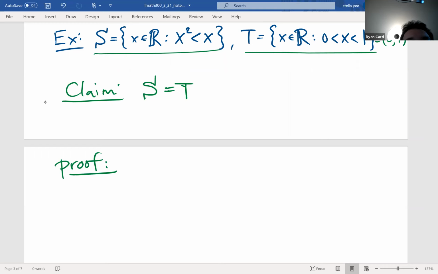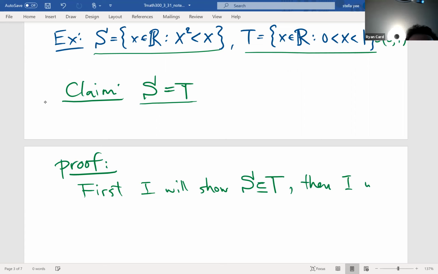I'm going to prove this in 2 steps. I want to show that S and T contain the same elements. So first, I will show that anything in the set S is contained in the set T. Then I will show that everything in T is also included in S, right?